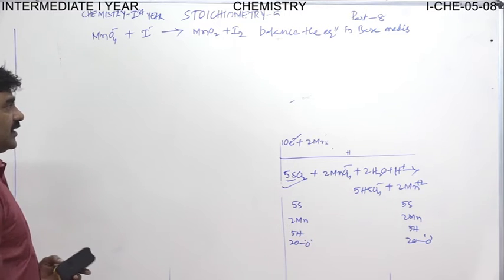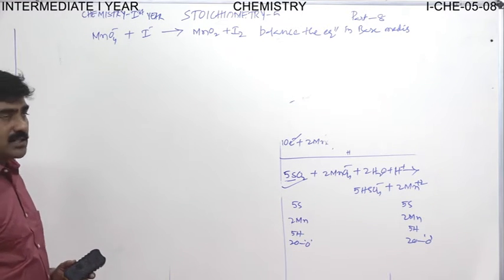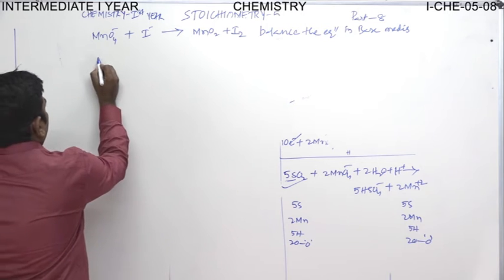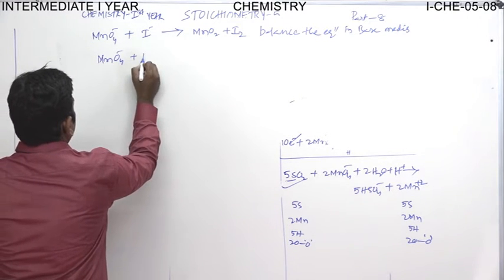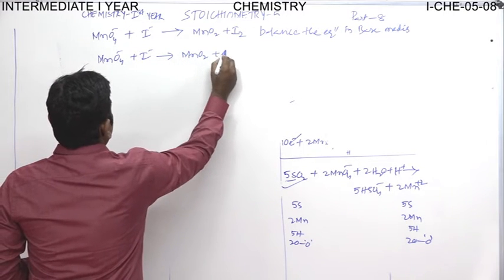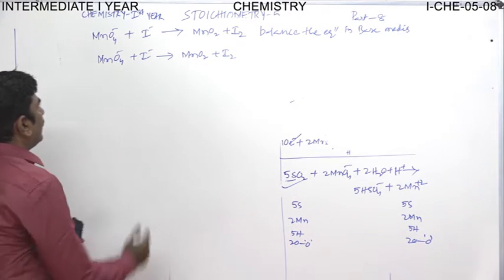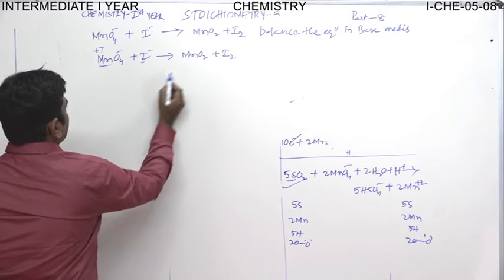Whatever the media, acid media or base media, first we have to allot the oxidation states. For that I am writing the equation MnO4 minus plus I minus will give MnO2 plus I2. Here the oxidation state is how much? Plus 7. Here? Minus 1. And here?